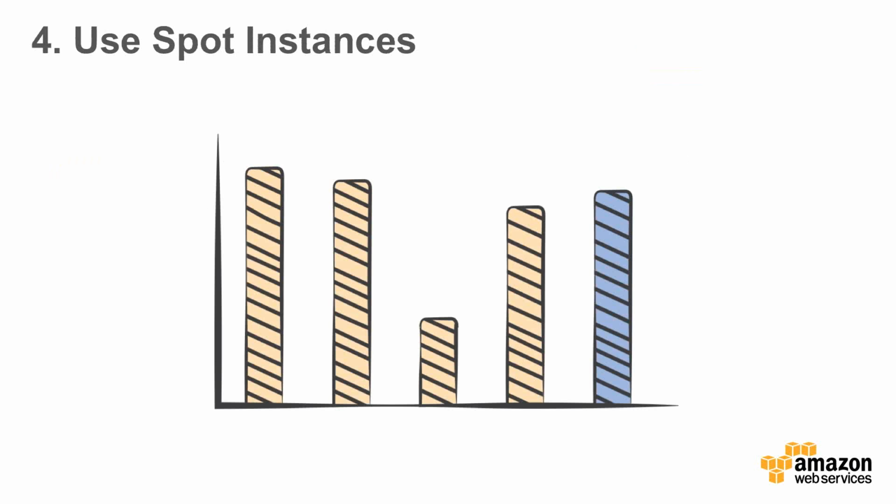You simply bid on spare Amazon EC2 instances, the spare capacity that we have within our regions and availability zones, and run them whenever your bid exceeds the current spot price, which varies in real time based on supply and demand. The spot instance pricing model complements the on-demand and reserved instance pricing model, providing potentially the most cost-effective option for obtaining compute capacity depending on your application.